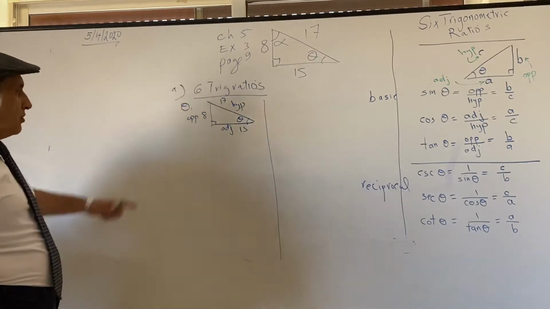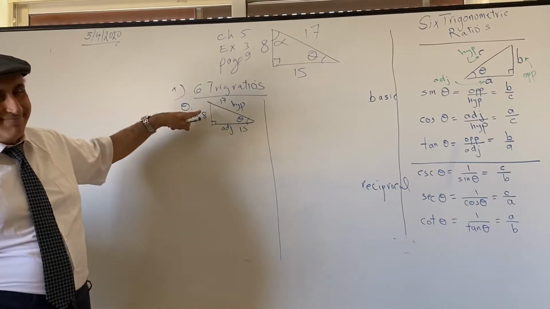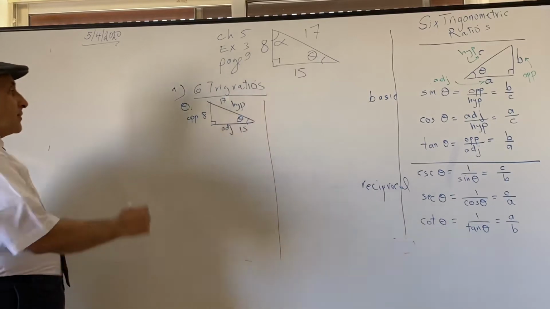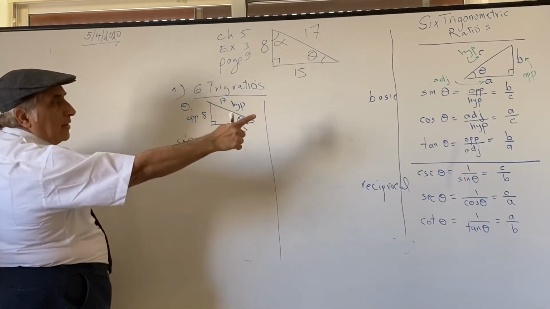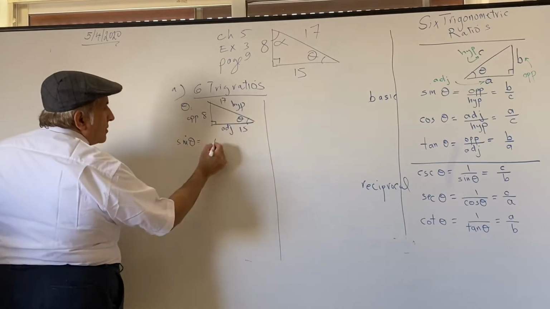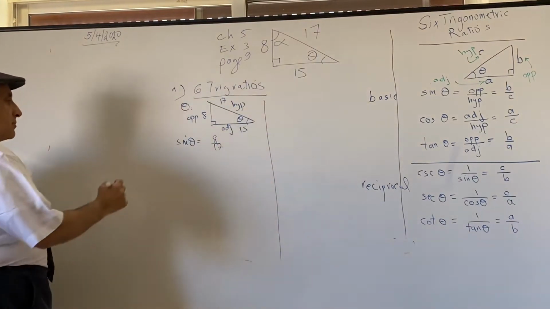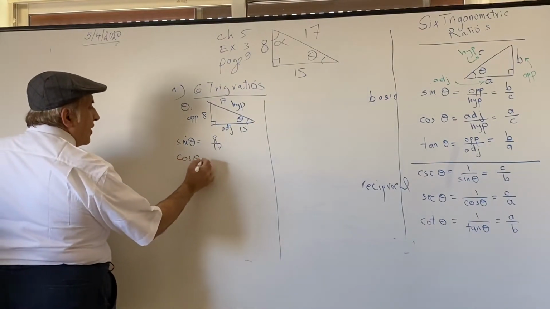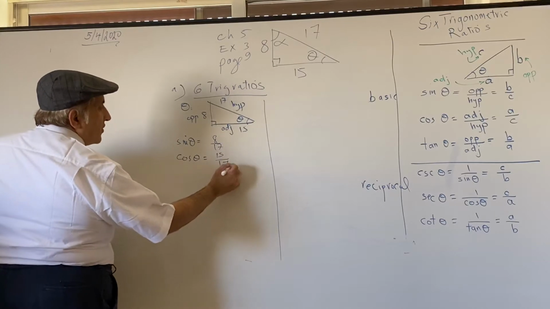So if I want to find the 6 trigonometry for the theta, that's the opposite. So sine theta, if you look over there, it's the opposite over the hypotenuse. This is in fraction form. Don't give me decimals. If I'm looking for the cosine theta, it's the 15 over the 17.